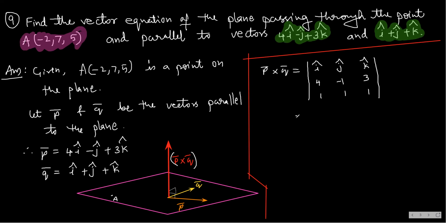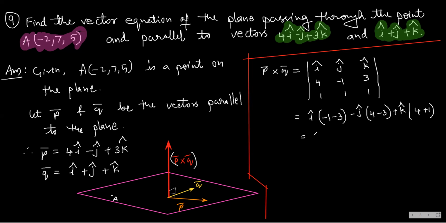So this I will get as I cap into minus 1 minus 3, minus J cap into minus 1 minus 3, and J cap into 4 minus 3, plus K cap into 4 minus of minus 1 is 4 plus 1.